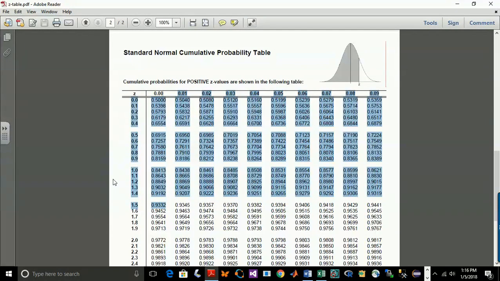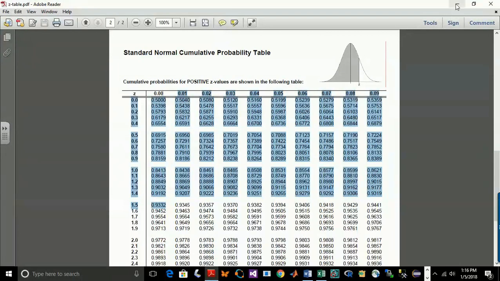So what does 0.9332 tell us? Look at this illustration. The z is 1.5. Notice this gray area, that is an area or a probability. You can use the terms interchangeably for this particular table. So this means that the gray area represents the area under the curve from minus infinity to 1.5, which is 0.9332.